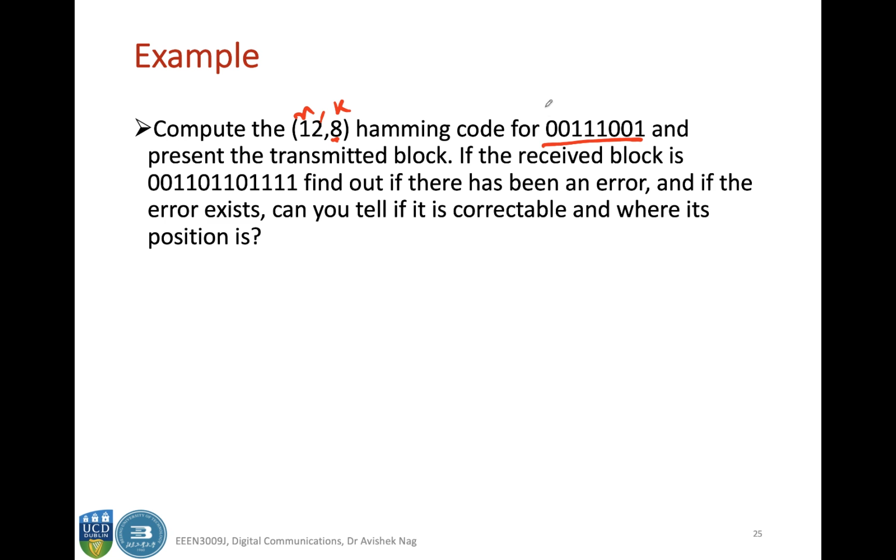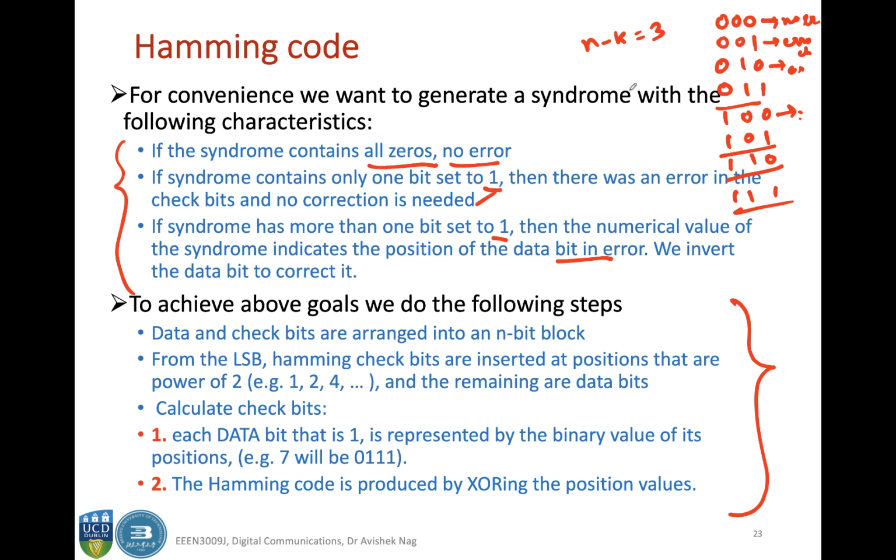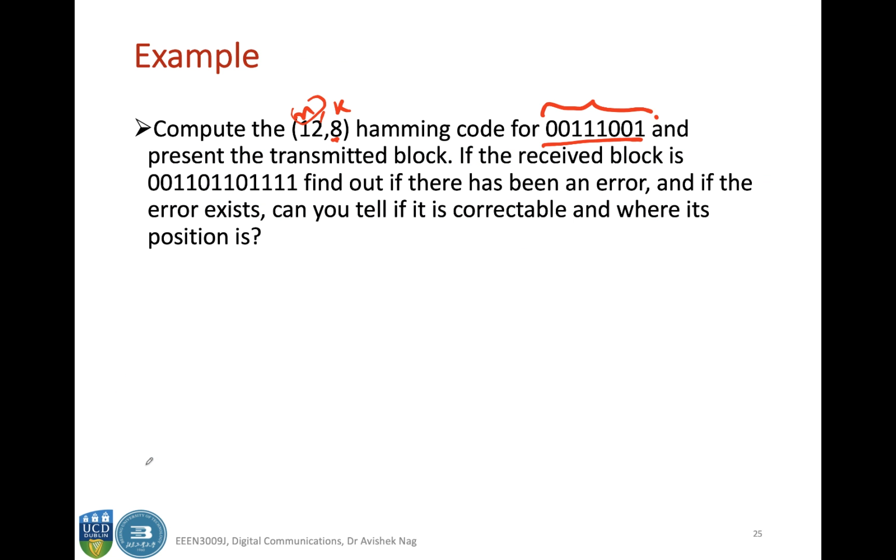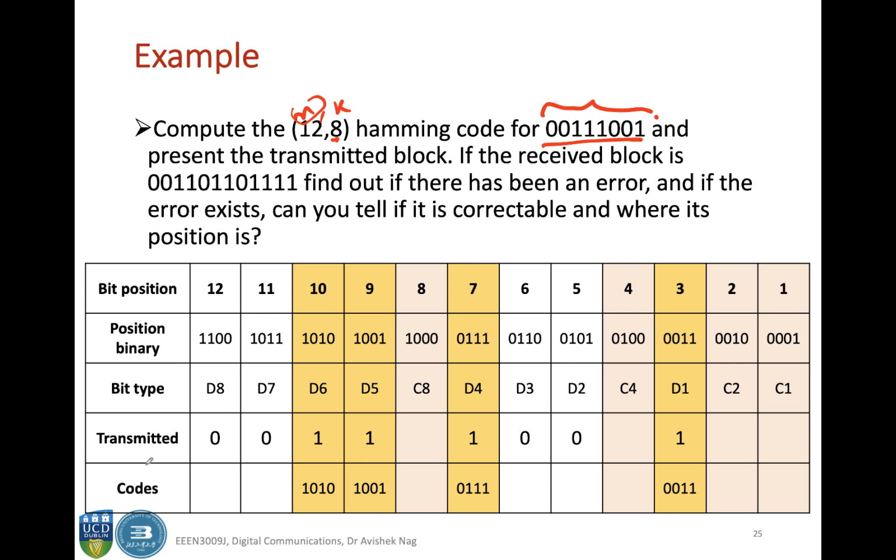First look into the data and let's see how the Hamming code encoder generates the entire n bit frame from this k bits of data. These steps are given here, but we will go through these steps through this example.